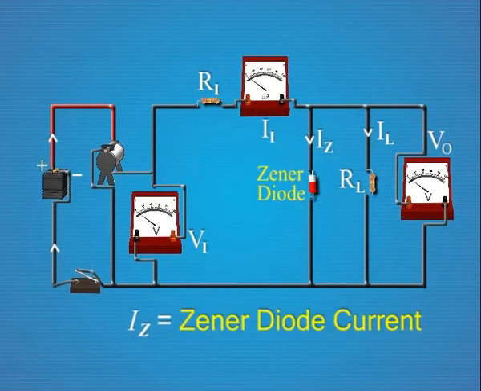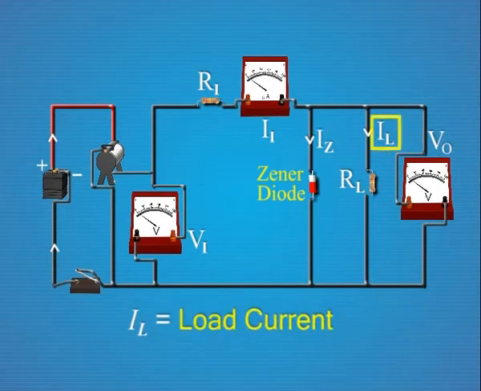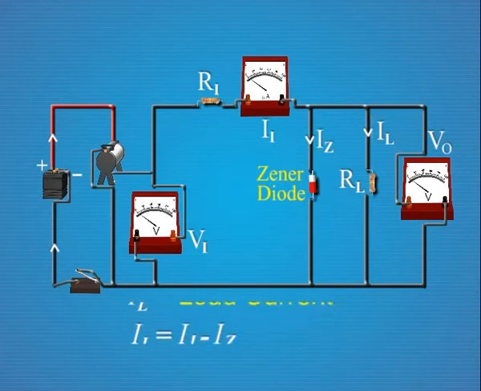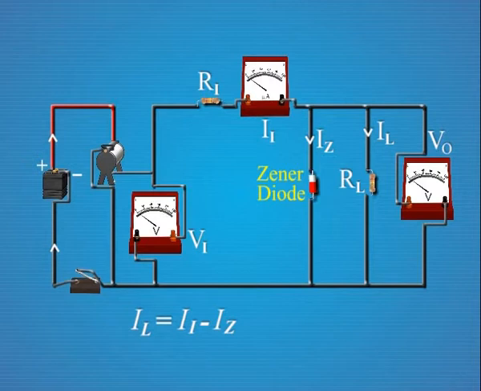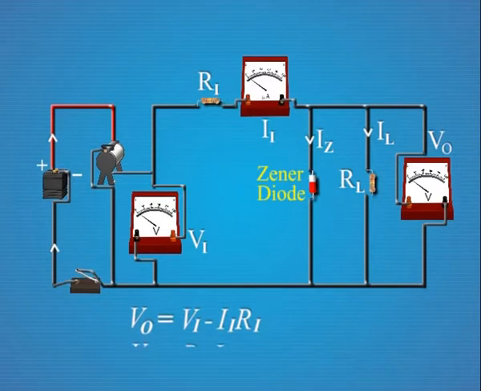Iz equal to Zener diode current. IL equal to load current. IL equal to Ii minus Iz. Vo equal to Vi minus Ii into Ri, or Vo equal to RL into IL.